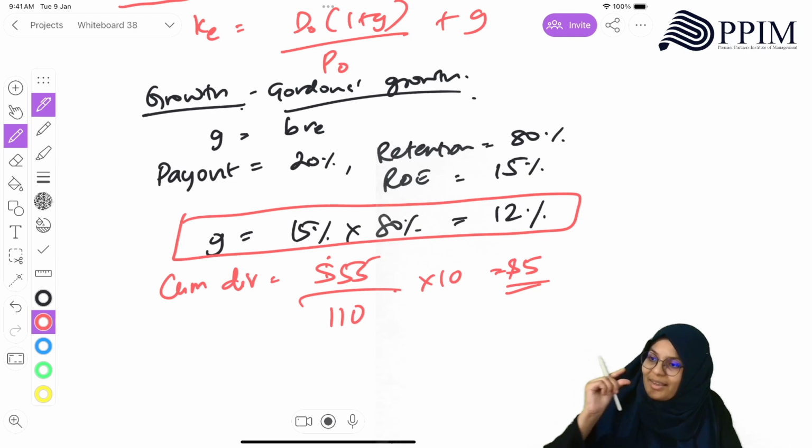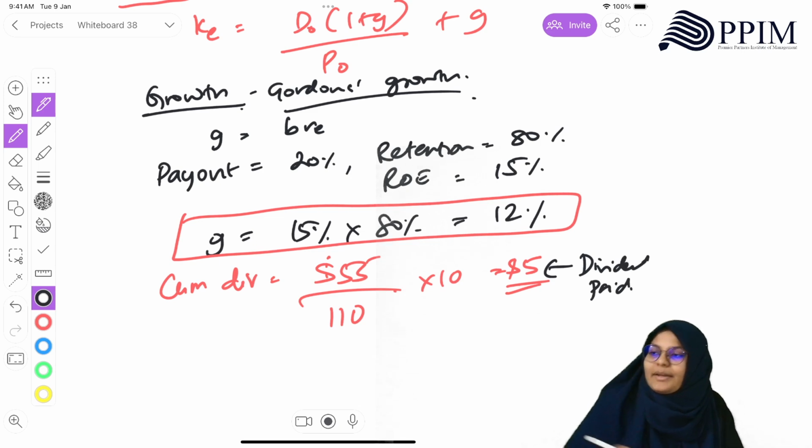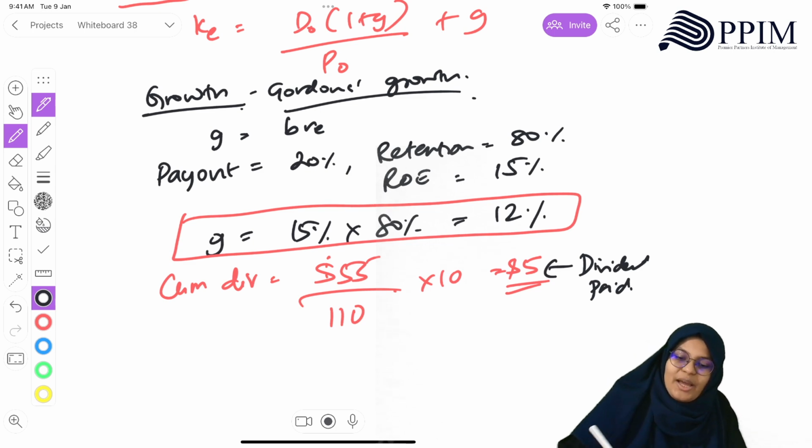If you want to know what that 10% component is, you have to multiply it by 10 again. So now I know that $5 is the dividend that I paid. So if I want the ex-div share price, all I need to do is 55 minus 5, which is 50.